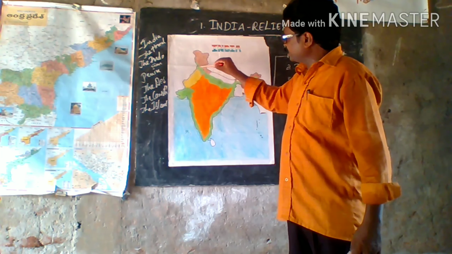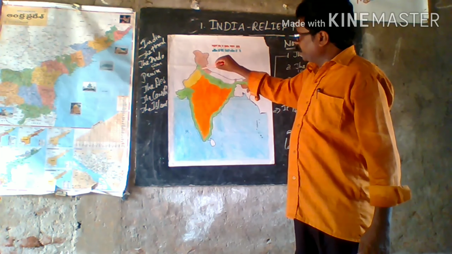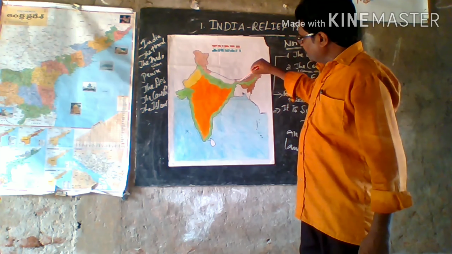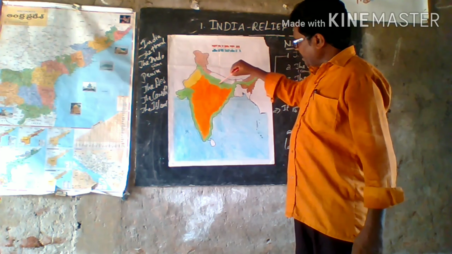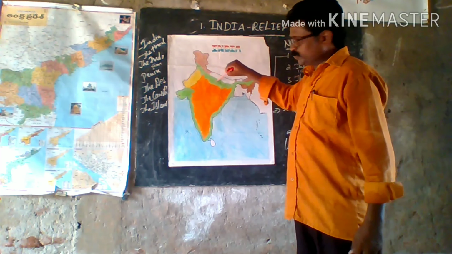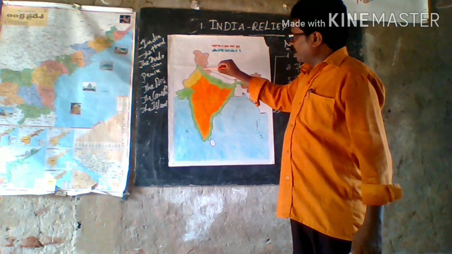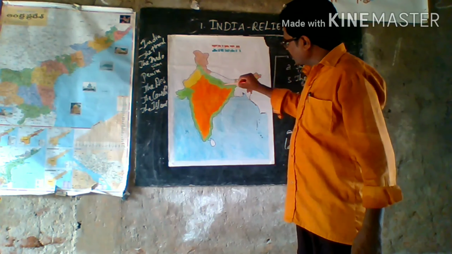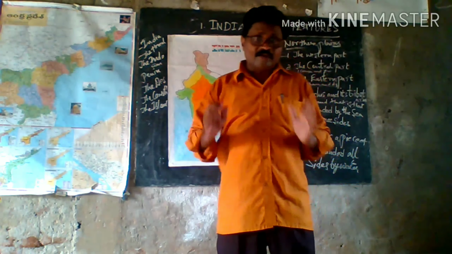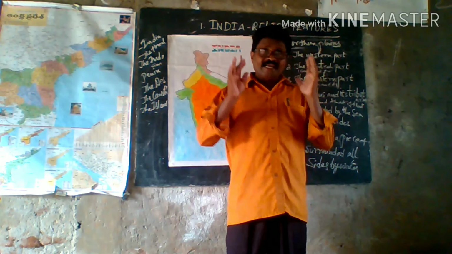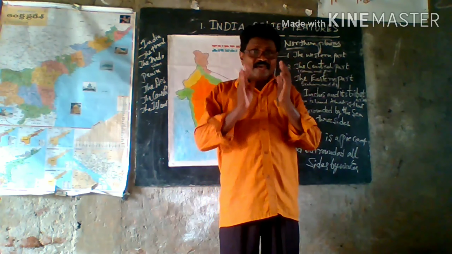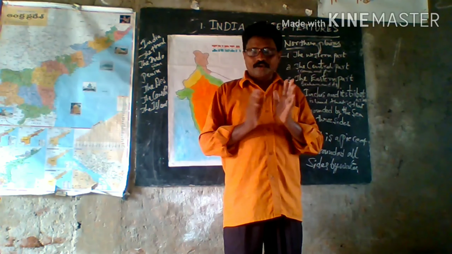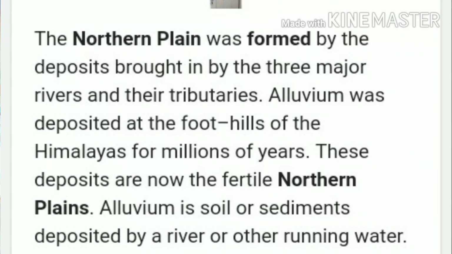This green color shaded part is known as the Northern Plains. These are the plains. They are situated south of the southern part of the Himalayas. First of all, I would like to ask you, where are the northern plains situated?